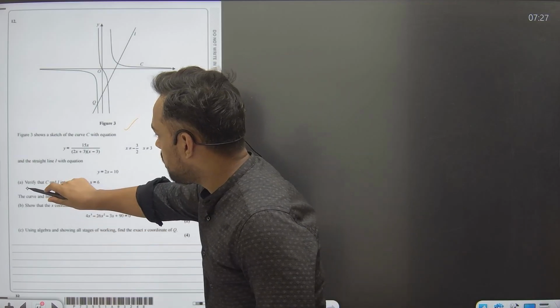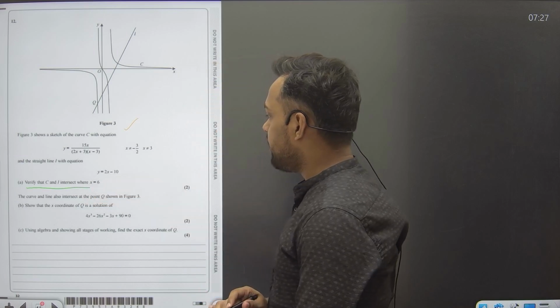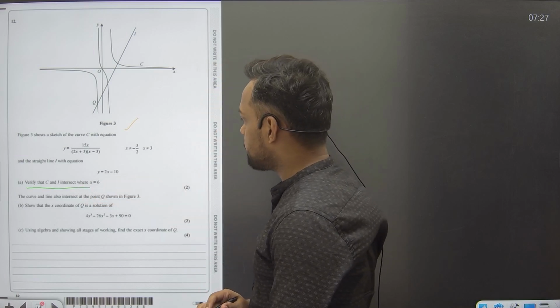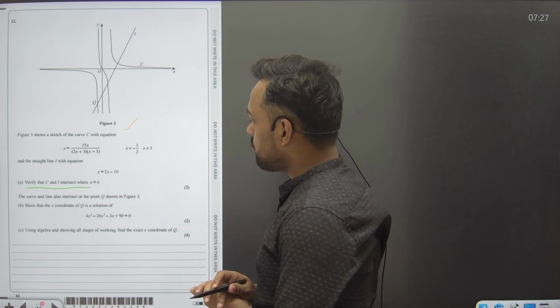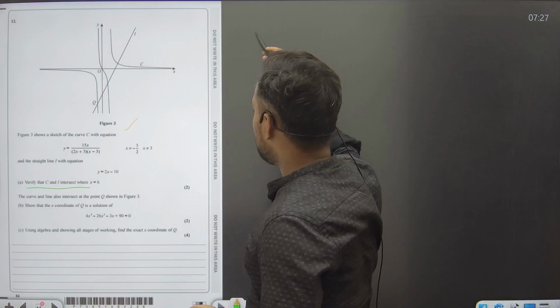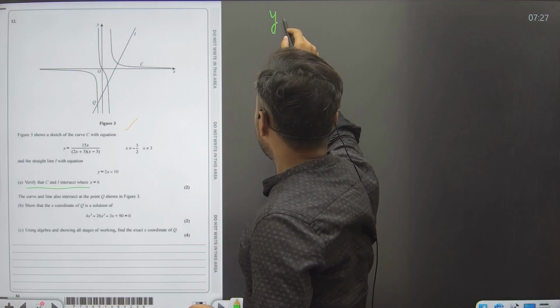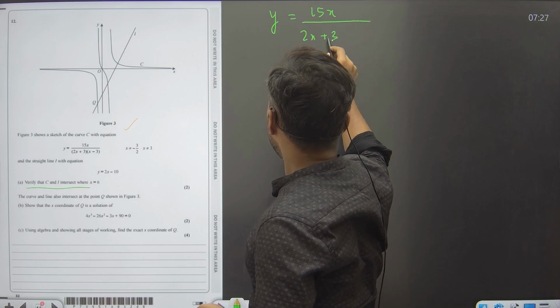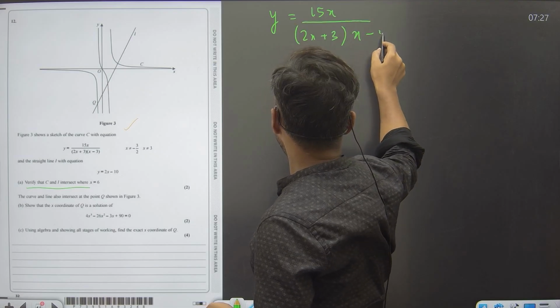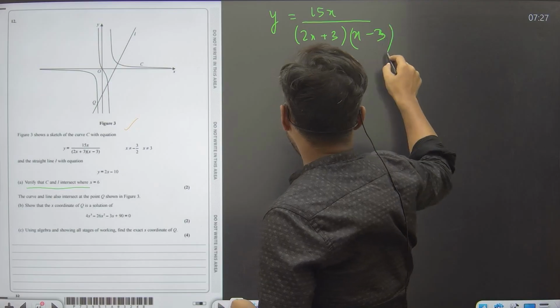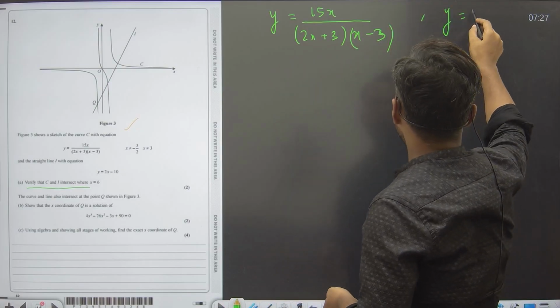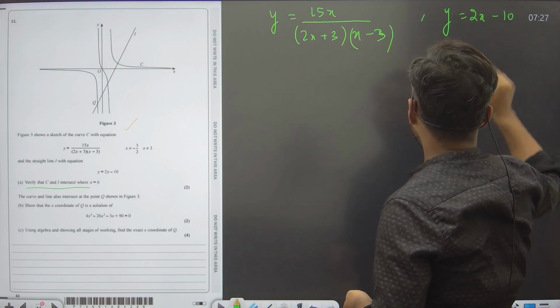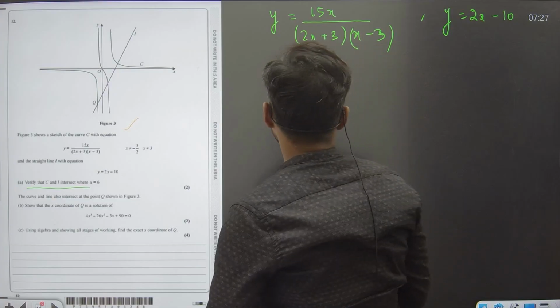The first part they have asked for is to verify that C and L intersect where x is equal to 6, and they have given the curve equation and the line equation. The curve equation was y equals 15x upon (2x plus 3) cross (x minus 3), and the line equation was y equals 2x negative of 10.